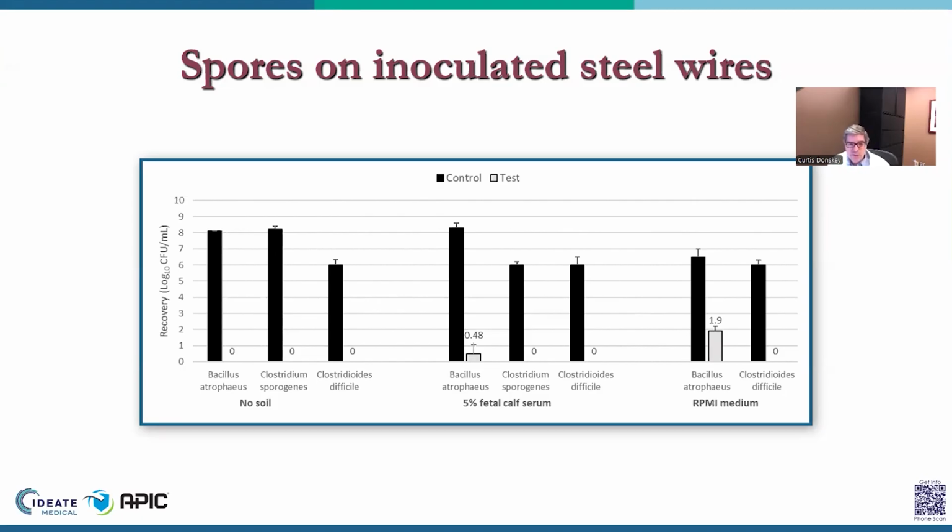And with 5% fetal calf serum in the middle, or RPMI medium on the right, we occasionally had failures with Bacillus atrophaeus, with low-level recovery of spores after running the sterilizer when high levels of organisms were present.